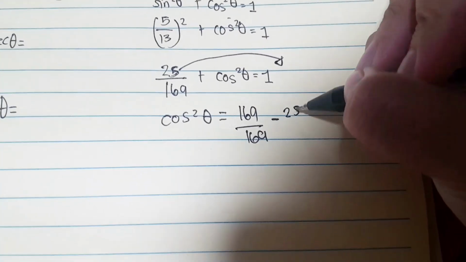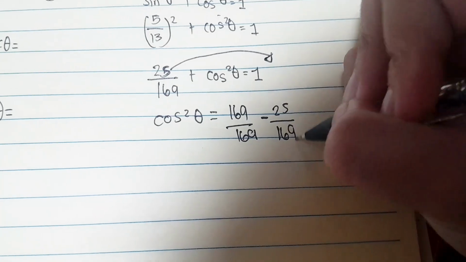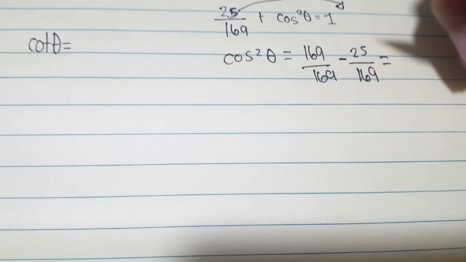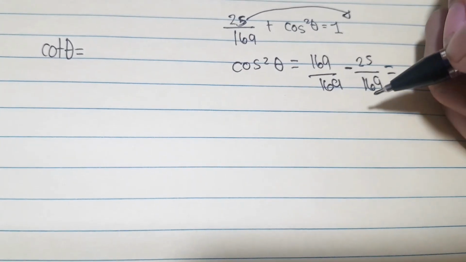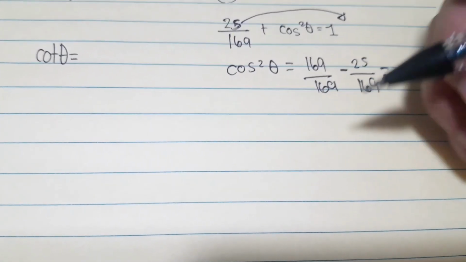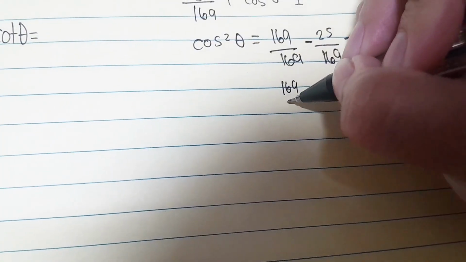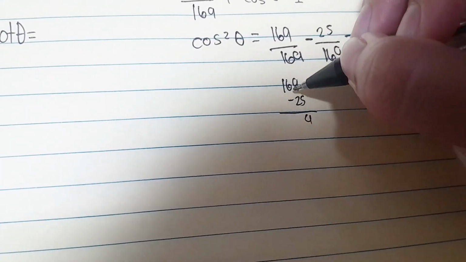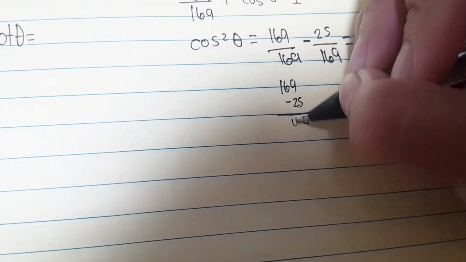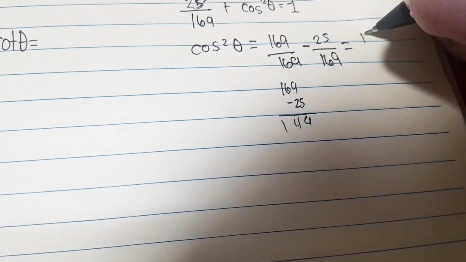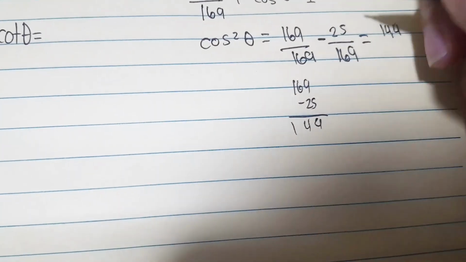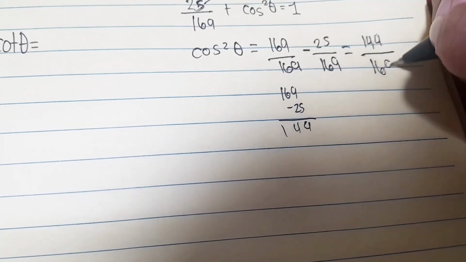So, 25 over 169 is equals to 169 minus 25. 169 minus 25 is, solve natin. 169 minus 25 is 144. So, 144 over 169.